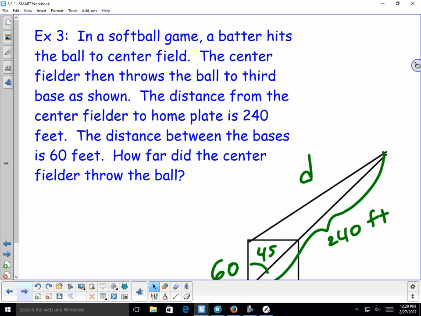Okay, so in this problem, it says in a softball game, a batter hits the ball to center field. The center fielder then throws the ball to third base as shown. The distance from the center fielder to home plate is 240 feet. The distance between the bases is 60 feet. How far did the center fielder throw the ball?